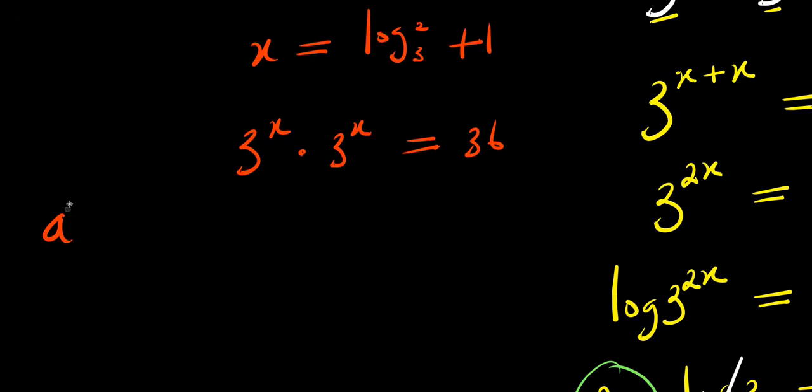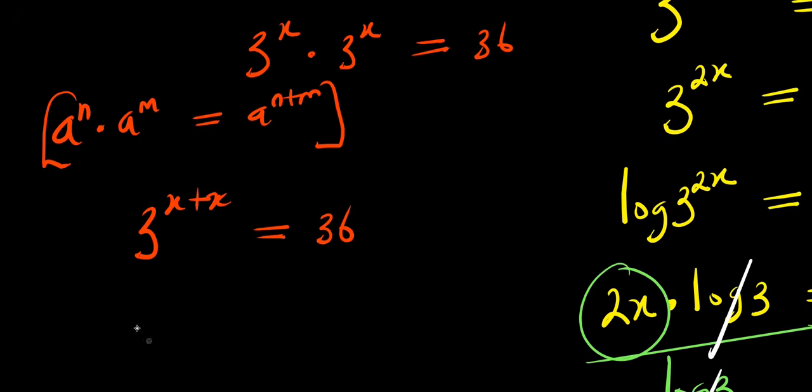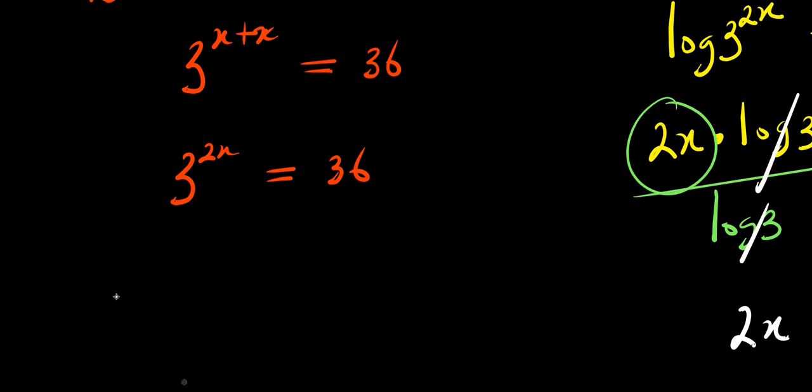Remember, a power n times a power m equals a power n plus m. So this is 3 power x plus x equals 36. This is 3 power 2x equals 36. And our x is log 2 to the base of 3 plus 1.